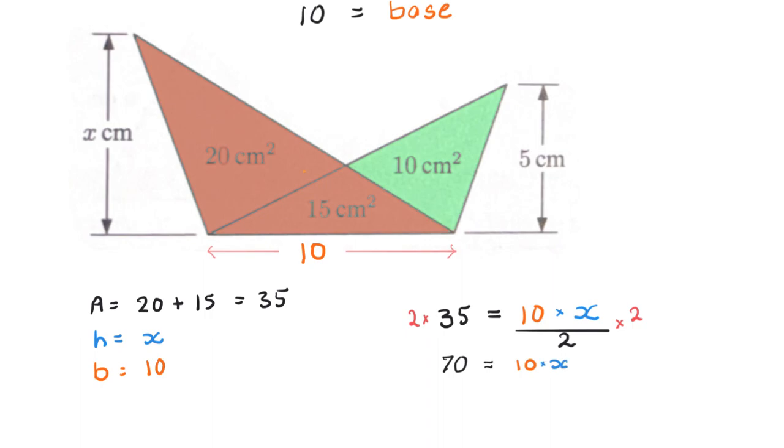And if we divide both sides by 10, we will find that our value of x is going to be 7. In other words, x is equal to 7 centimeters.